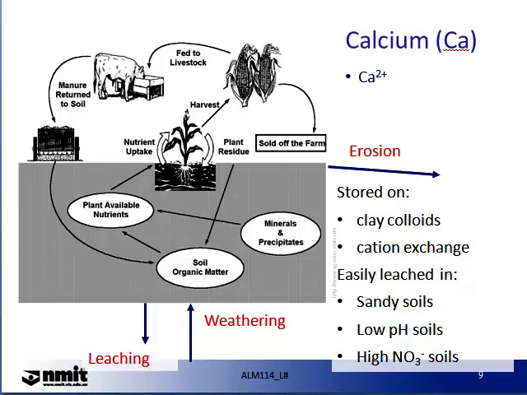Because of its strong divalent charge, calcium acts as an ionic glue, attracting clay particles and promoting aggregation through a process called flocculation. Soils with high levels of sodium, referred to as sodic soils, promote dispersion, which is the opposite of flocculation.